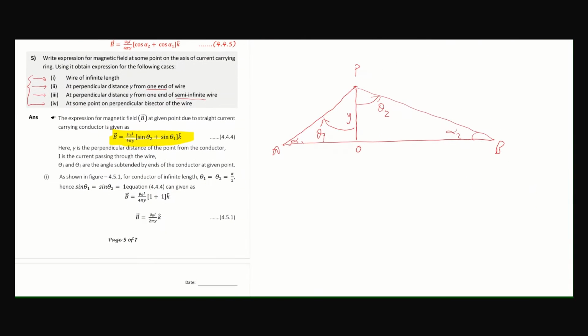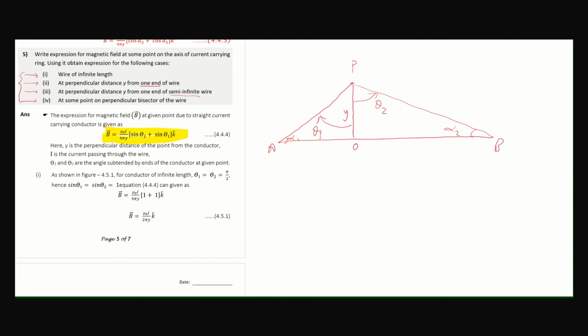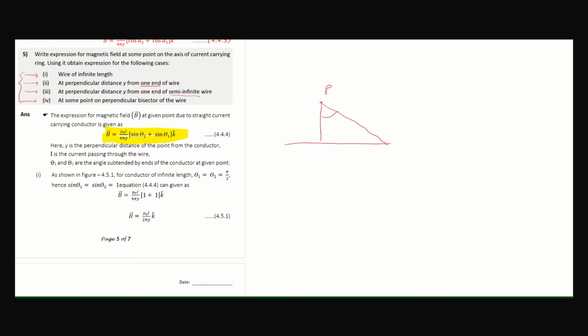Now, what if the wire is of infinite length? When you increase the length of the wire, what happens? The theta 1, theta 2 values increase. Consider that my wire is of this length and point P is here, and say this is theta 2.